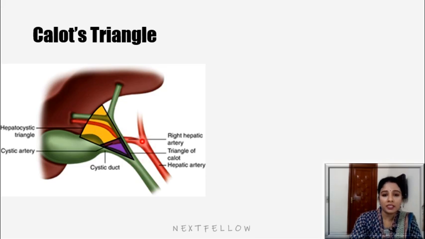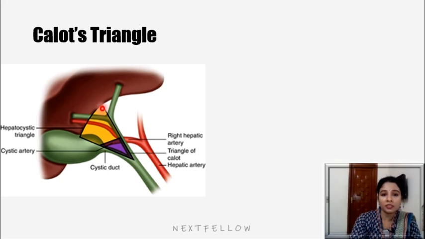And we can see one artery here supplying the gallbladder, called the cystic artery. Because of this cystic artery, this small triangle is formed, and this whole thing is now considered Calot's triangle. The orientation of Calot's triangle is such that its apex is directed at the liver.